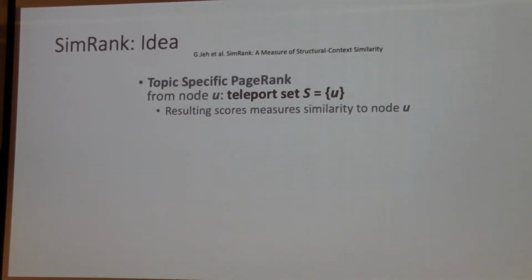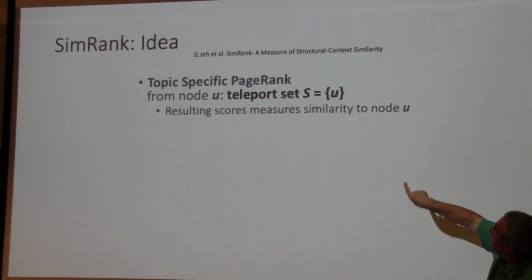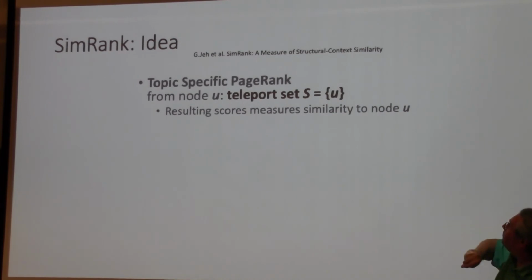This is something called SimRank, similarity rank, and this one, the teleport set, it's not topic specific, but it's always the starting node. And if you do then PageRank, it'll tell you how pages are similar to that node, because the topic is my original node.